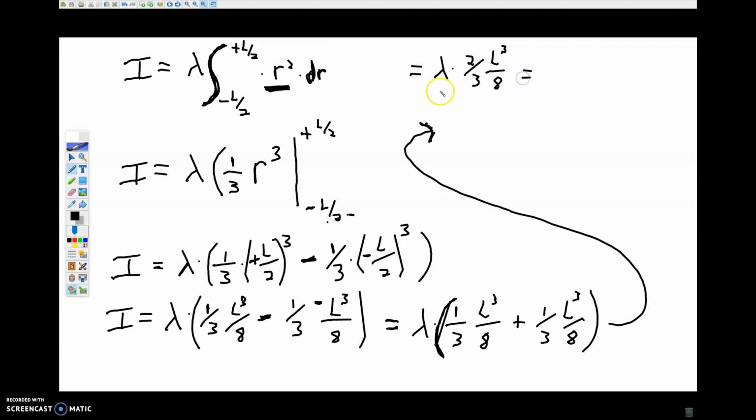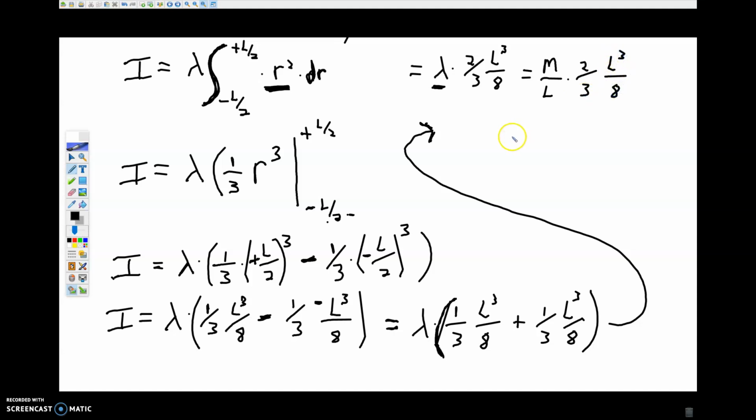What is that lambda right there? Lambda is the whole shebang mass divided by the whole shebang length. So that's mass divided by length times 2/3 L cubed over 8.